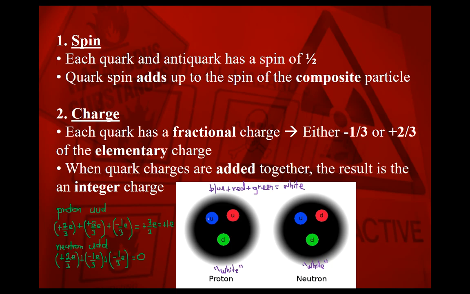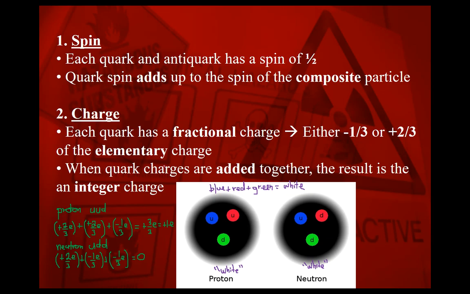And by color, do I mean, is this red up quark emitting visible light with a wavelength of 700 nanometers? No. In fact, this whole concept of color dealing with quarks has absolutely nothing to do with color in terms of the colors the way we interpret it. It's another one of these really strange quantum properties that we can't really provide an analogy for.